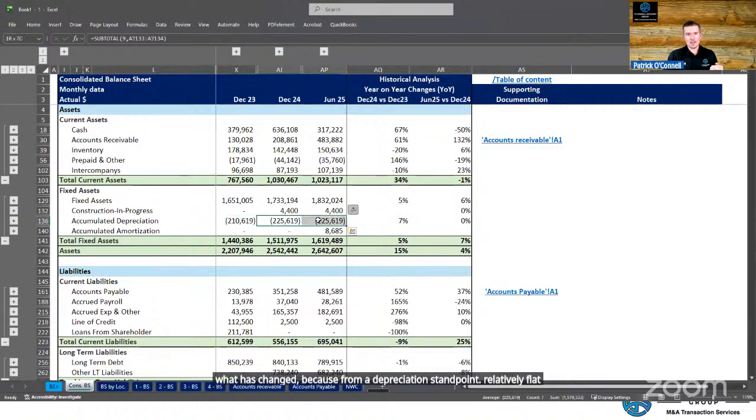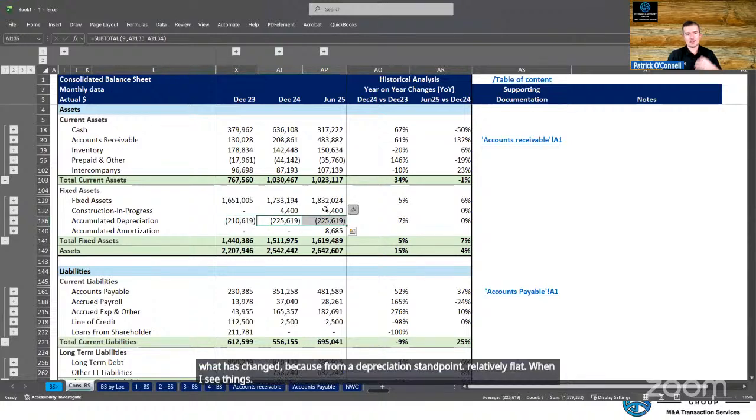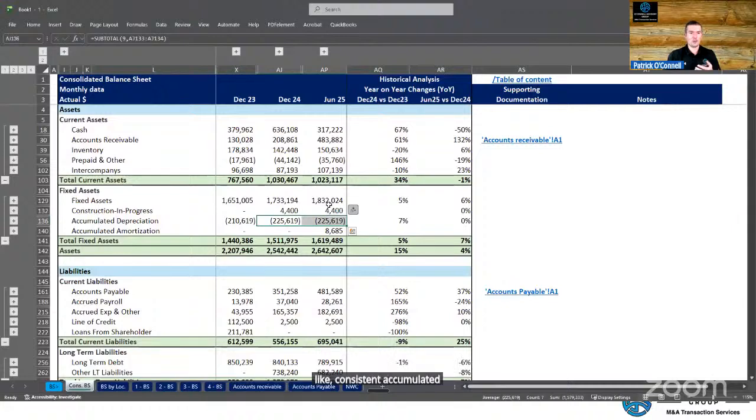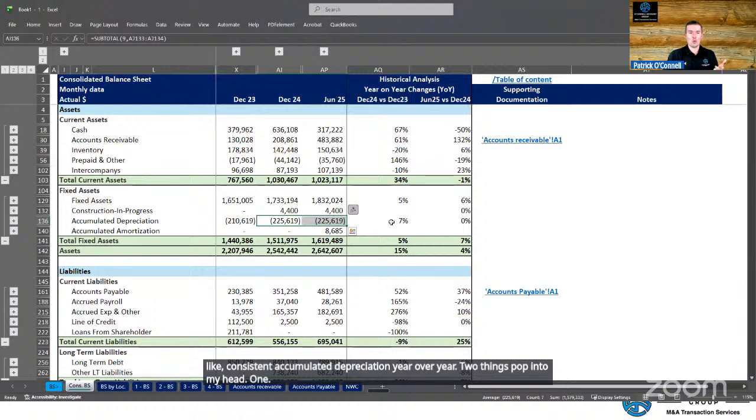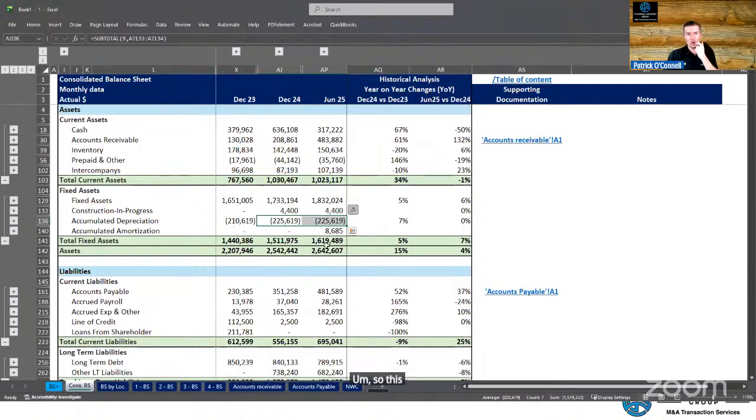When I see things like consistent accumulated depreciation year over year, two things pop into my head. One, the company has not recorded that journal entry, so this amount might be lower. Or two, they have changed their capitalization policy to potentially capitalize more items and therefore record less expenses.